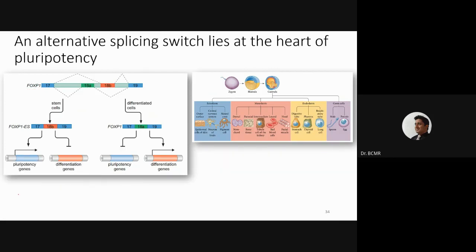Here we have a zygote. This is a single celled diploid cell, and that zygote will divide continuously and make a structure called the morula. The point is that in the morula, all the cells are identical.